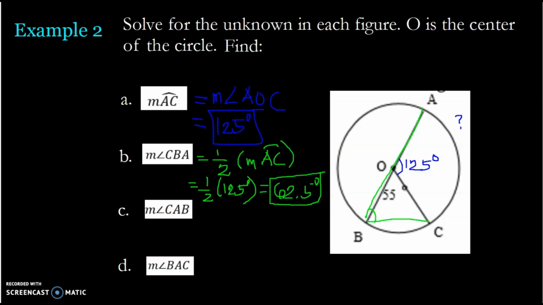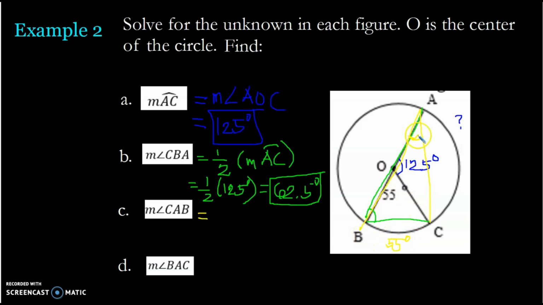The next unknown is CAB. O, eto naman. CAB, yung yellow. Ang intercepted arc ng CAB ay BC. BC is also the intercepted arc of angle BOC. Since central yan, equal lang sila. 55 din to.